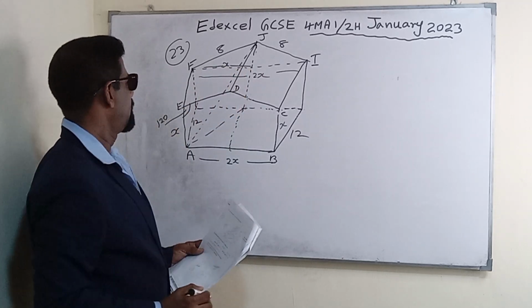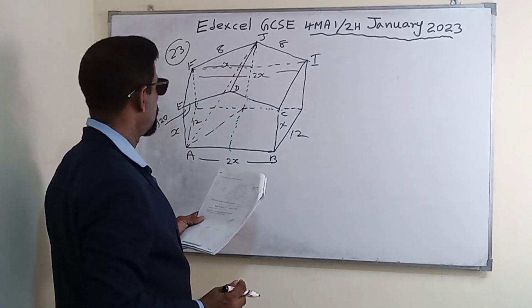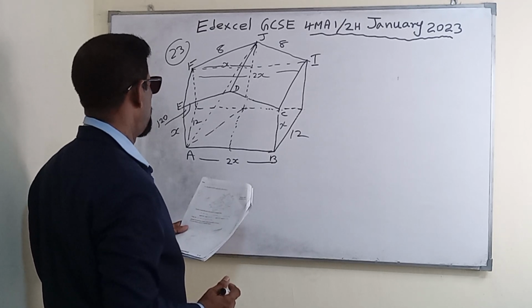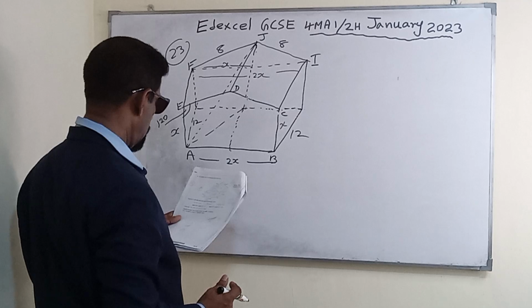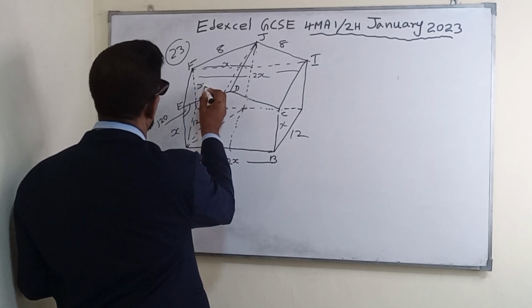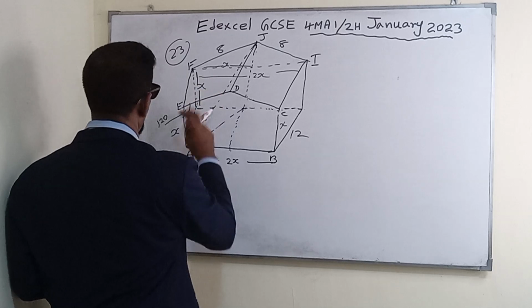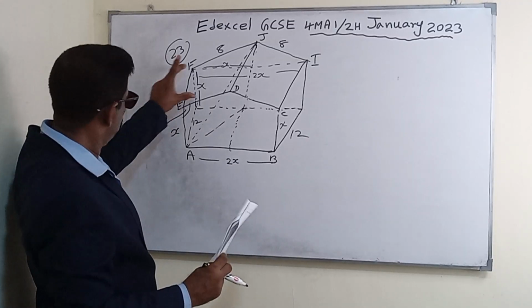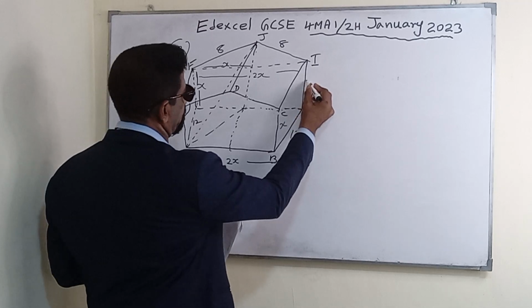It is a 3D shape. This is a rectangle, opposite sides equal, so this should be x.